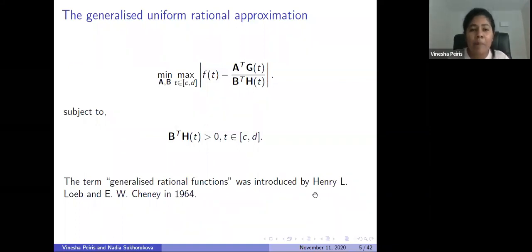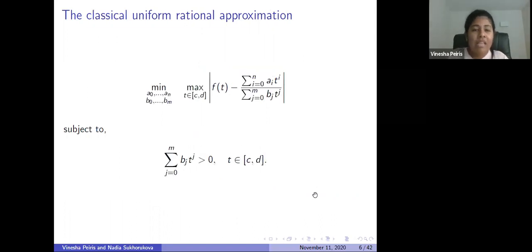But for us, I am talking about a ratio consisting of linear functions. We have a linear function in the numerator and another linear function in the denominator, but they are linear with respect to its parameters.